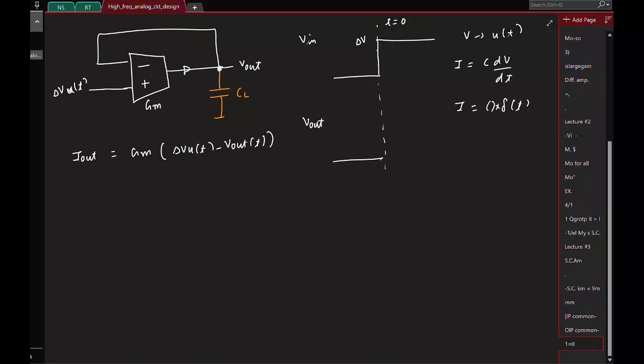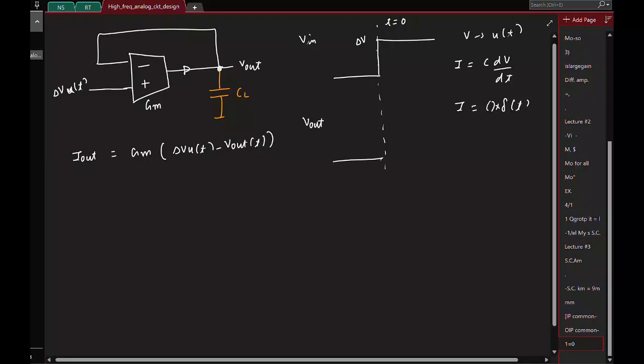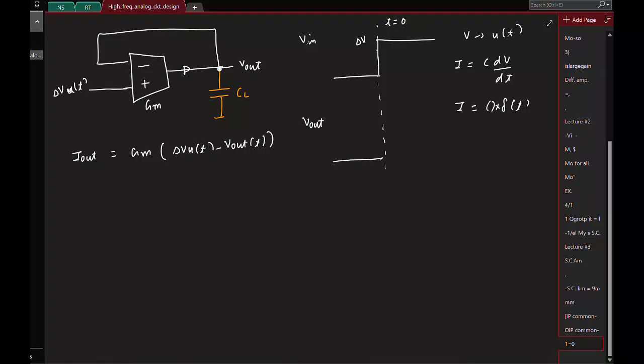Why? Because the delta size limits cannot generate an impulsive current at a time. No, I'm saying, can you elaborate on that? This is an ideal OTA. What I'm saying is, any amount of current I want, let's say it can deliver.